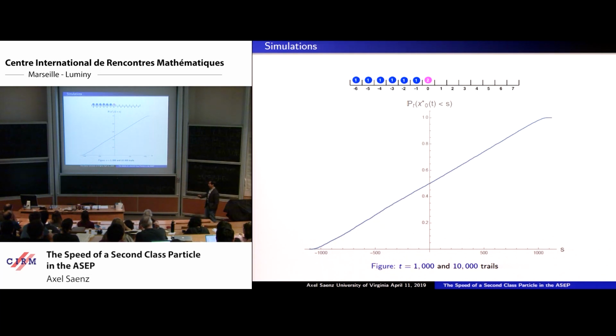I had no idea what I was doing, but I was suggested that I look at the second-class particles, and I started with the simplest case I could think of: the second-class particle at the very front. I plotted an empirical CDF, up to time 1,000 and with 10,000 trials.